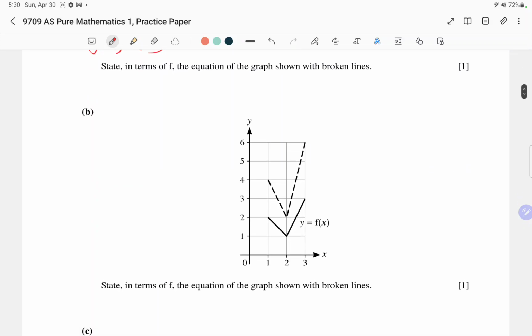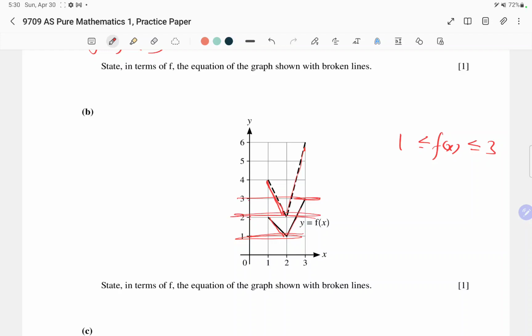Now part b is something else. This is f(x), and this length has been multiplied by 2. Yeah, so it's simply twice, because over here the range is 1 to 3 and over here the range is 2 to 6. See, f(x) was 1 to 3, right?